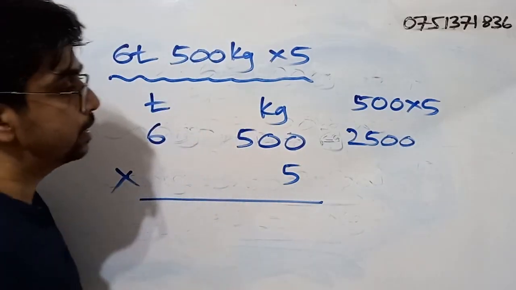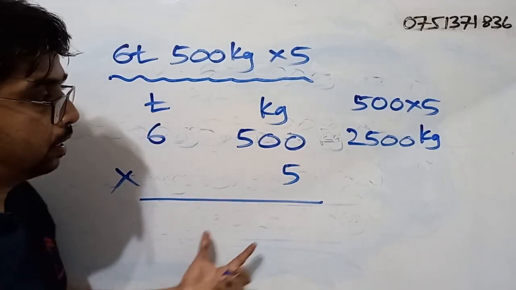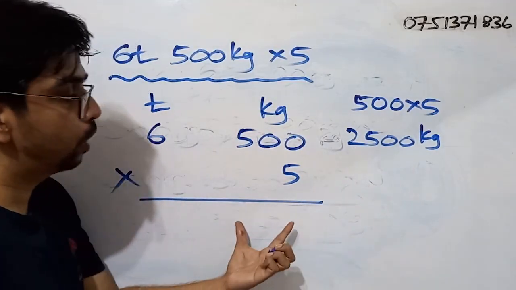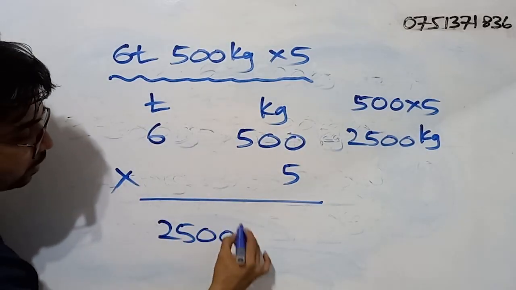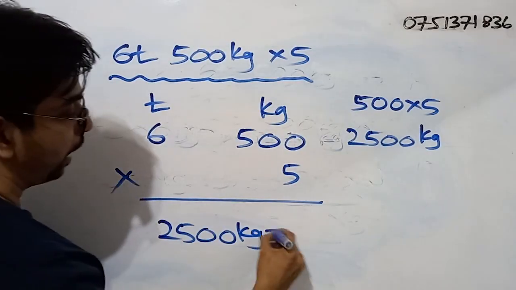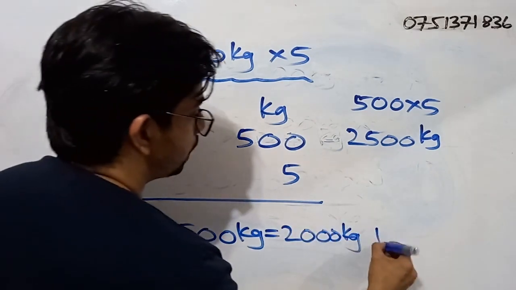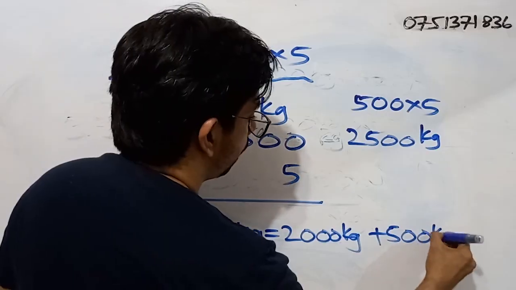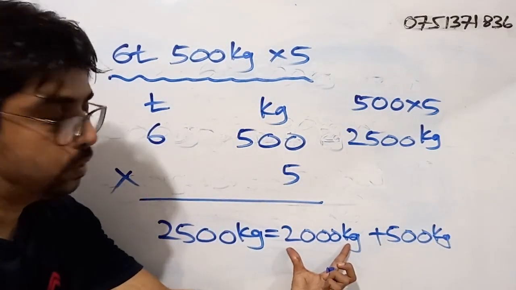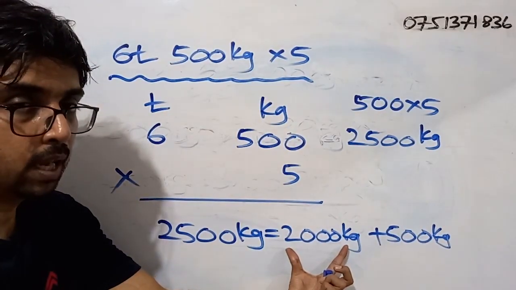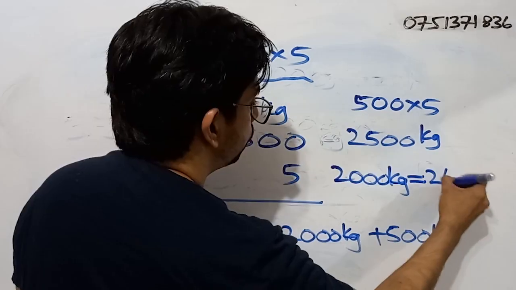2,500. But these are what? Kilograms. Now the thing is, we can't write 2,500 here. So 2,500 kilograms, I can rewrite this as 2,000 kilograms and 500 kilograms. Now this 2,000 kilograms, if we convert this amount into tons, what will it be? 2 tons.